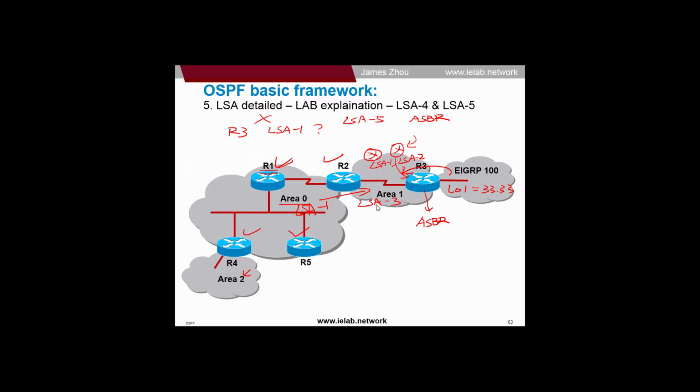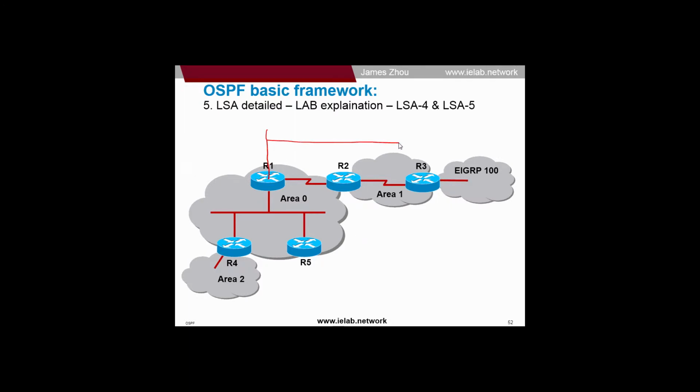So how to calculate the distance from R1 to the ASBR R3? How to calculate it?